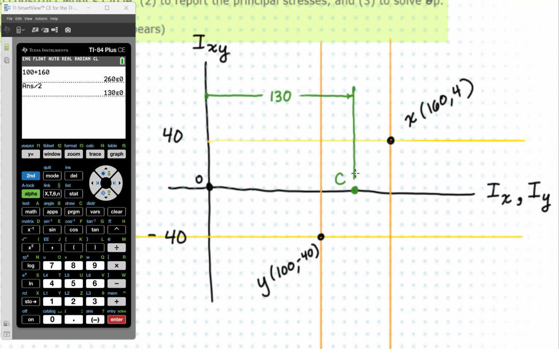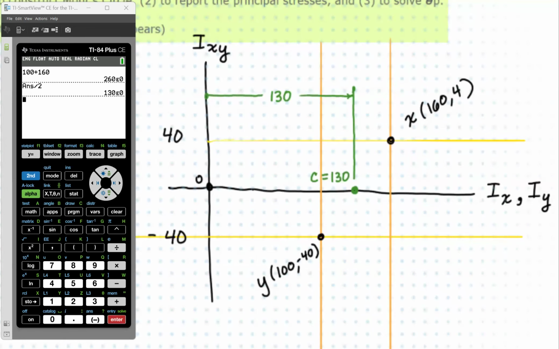Another way to report this, C equals 130 inches to the fourth. What does the center mean? Not a whole lot on its own. It's just one intermediate step in this process.